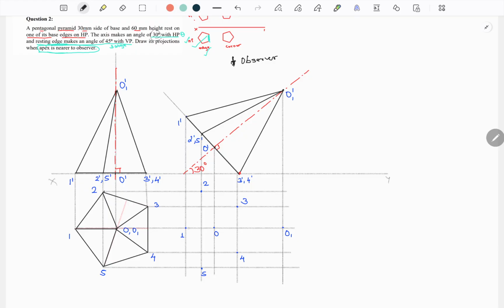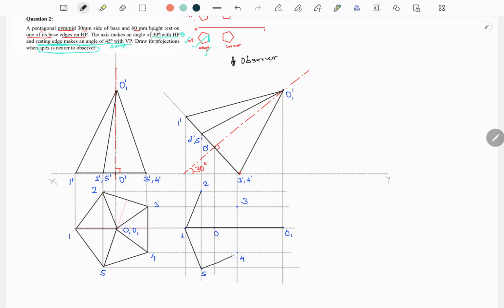So this line will be completely visible. Is that clear? Outer edges will always be dark. So 1 to 2 and 1 to 5 will be visible.